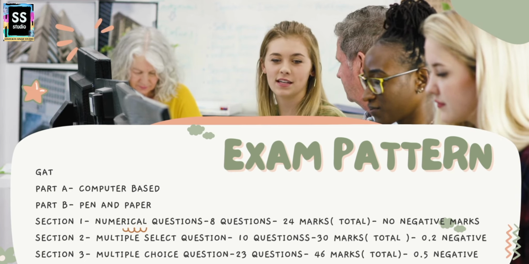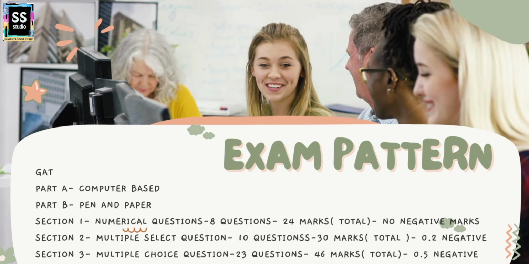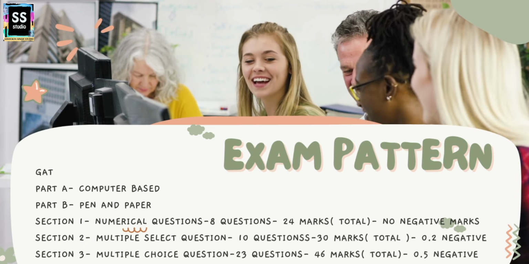MSQ क्वेश्चंस आपके 10 आते हैं जो कि 30 मार्क्स के होते हैं, एंड MCQ क्वेश्चंस आपके 23 आते हैं जो कि 46 मार्क्स के होते हैं. सो टोटली आपका ये 100 मार्क्स का हो जाता है.